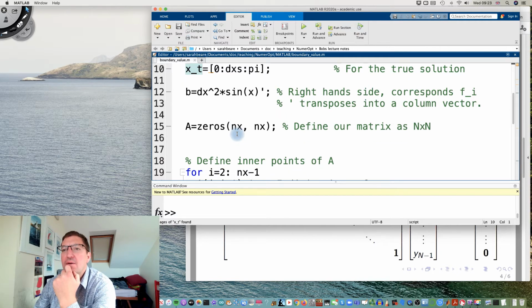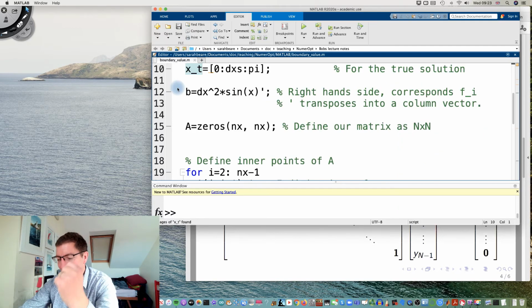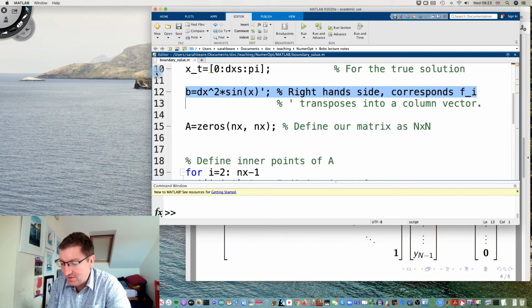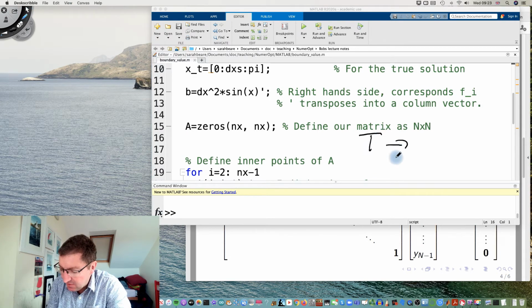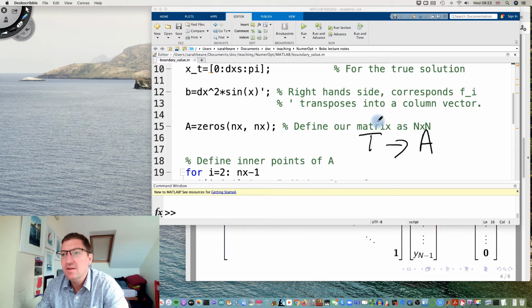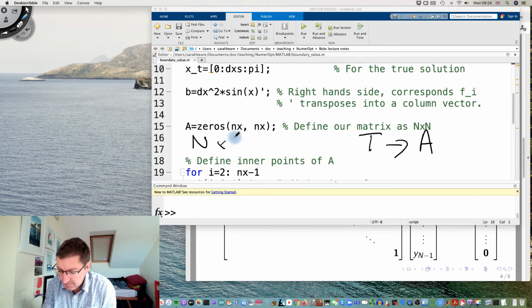And then we need to set up our matrix A. I've called it A in this case, but that A is T. It's the same as T. So let's just write that down. So our T matrix goes to A in this case. And I've just set it up as a zeros matrix with size nx by nx. So that's an m by m matrix.